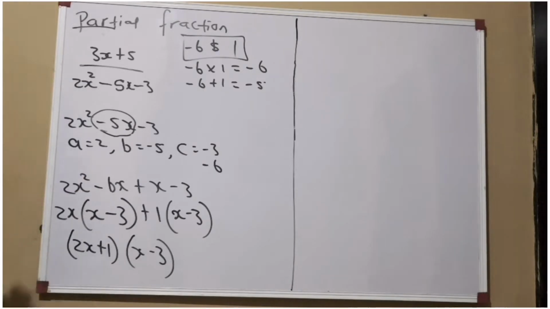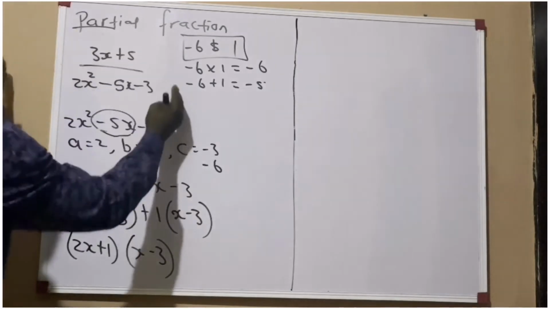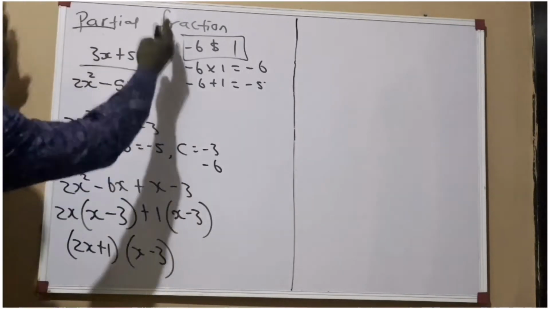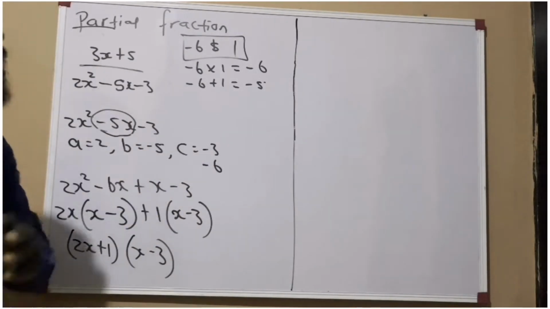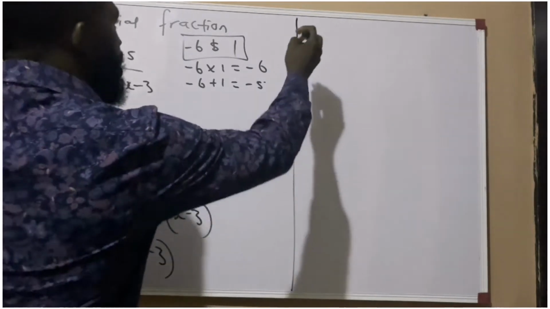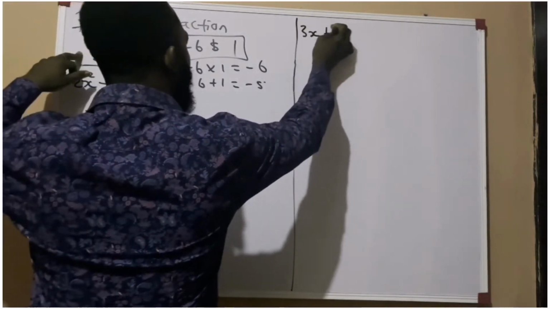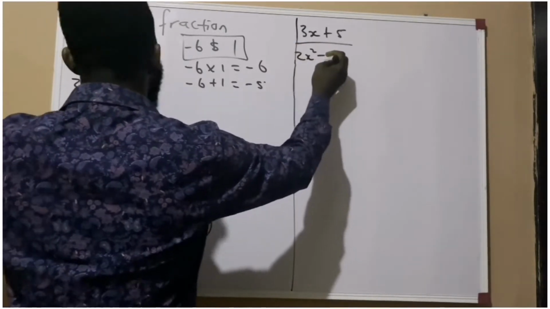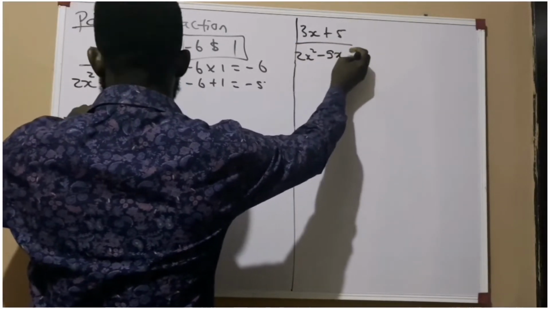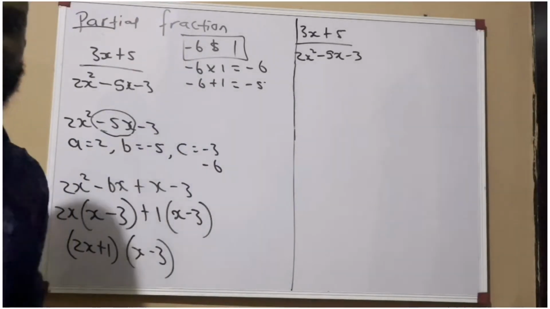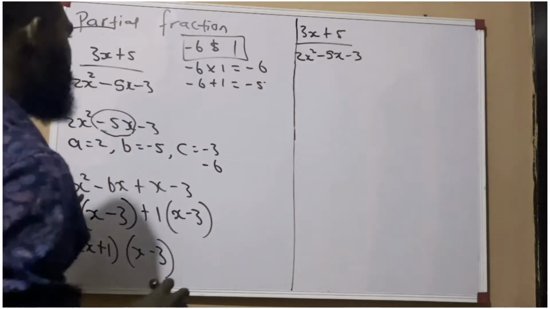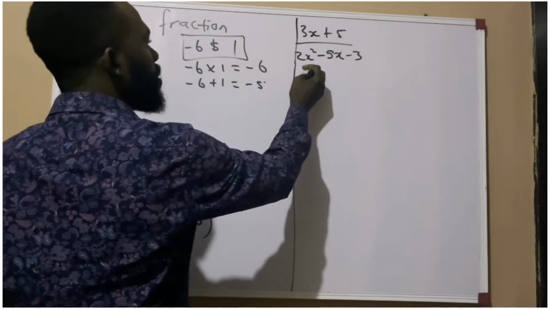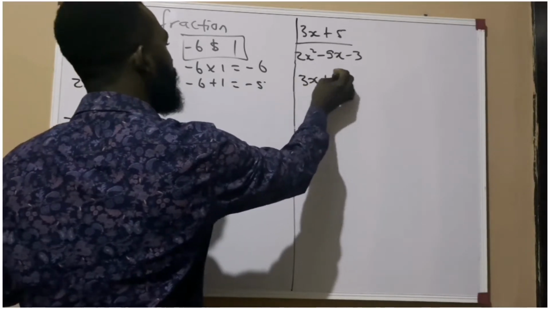So now that we have gotten the factors, what are we going to do? We can now represent this rational expression in parts. So here, 3x plus 5 over 2x squared minus 5x minus 3 will now be, watch, 3x plus 5.